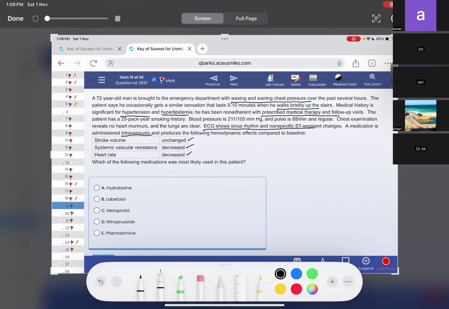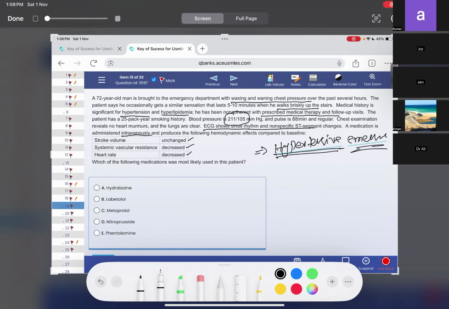So they are asking about a patient that has come to the hospital with hypertensive emergency. His blood pressure is 211 by 105, which is a very high pressure.